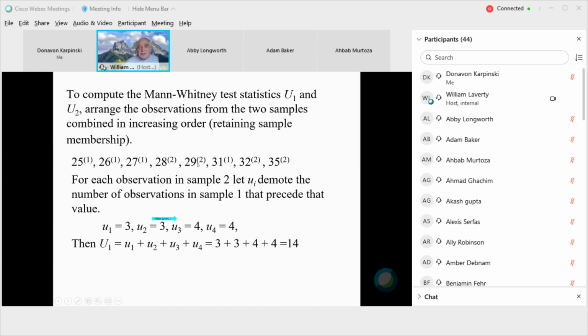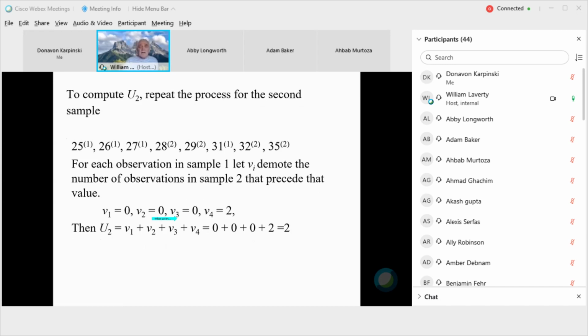There's 3 observations below 29.2. There's 4 observations below 32 and 4 observations below 35. So the total number of times an observation in sample 1 is below an observation in sample 2 is the sum of those, 14.